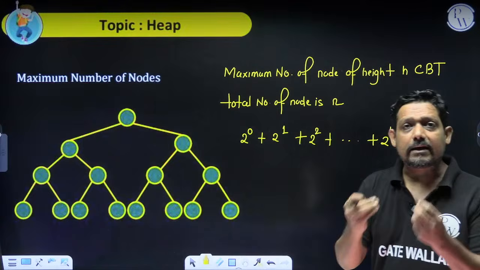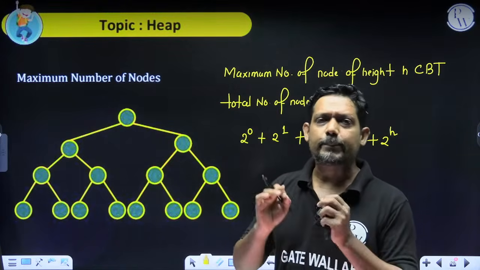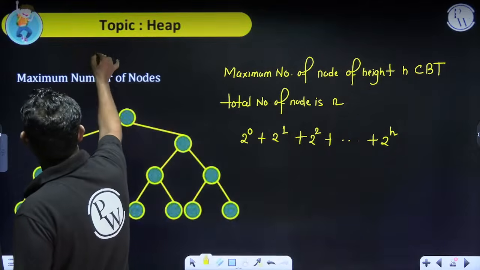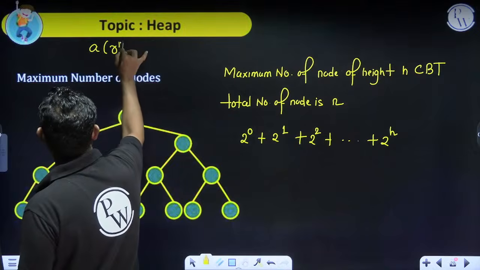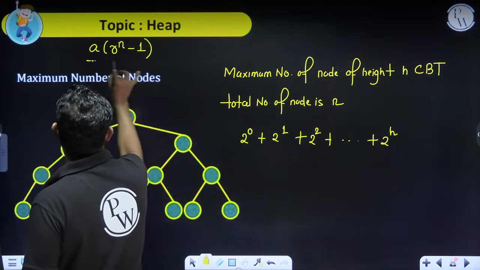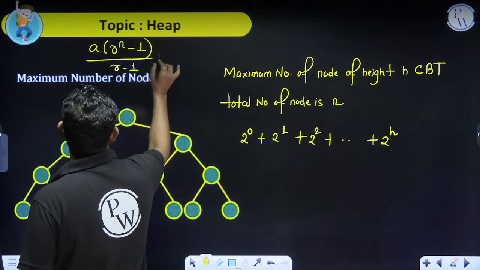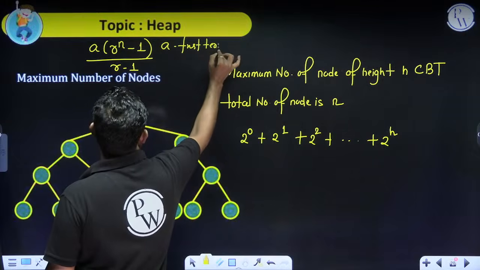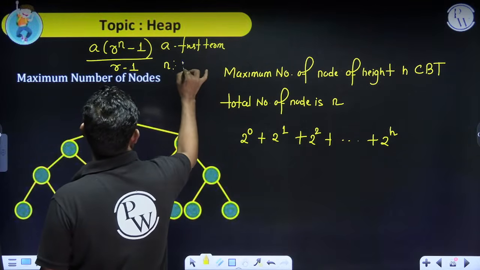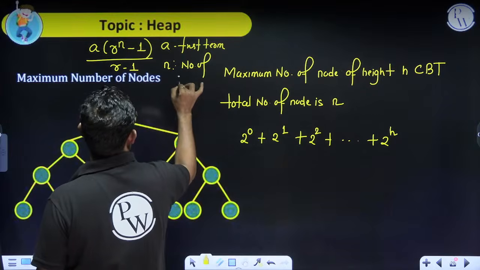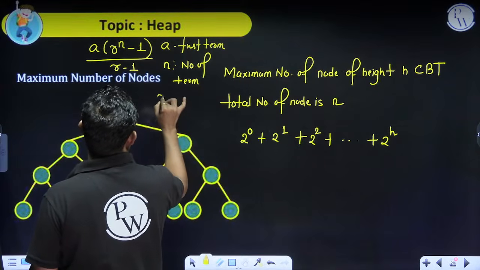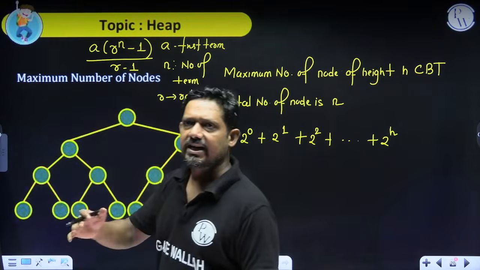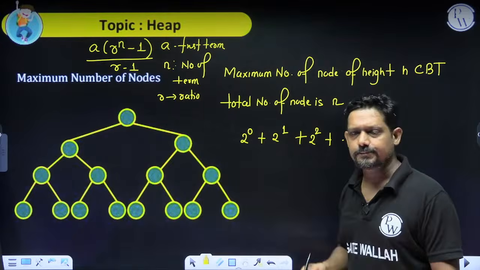This is a geometric progression, a GP series, and the sum of a GP series is a times r to the power n minus 1, divided by r minus 1. Here a is the first term, n is the number of terms, and r is the ratio between two consecutive terms.